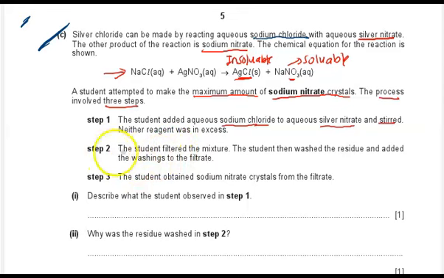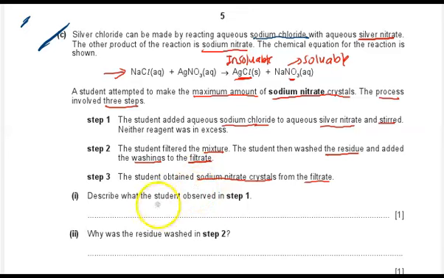Step 2, the student filtered the mixture. They take out this silver chloride. The student then washed the residue and added the washings to the filtrate. The student obtained sodium nitrate crystals from the filtrate.